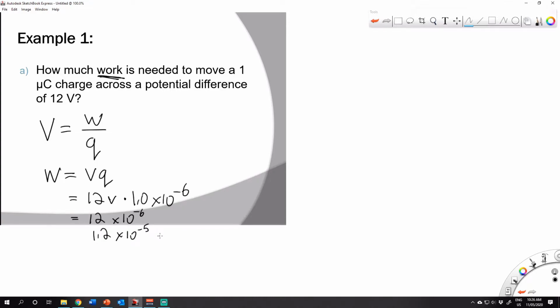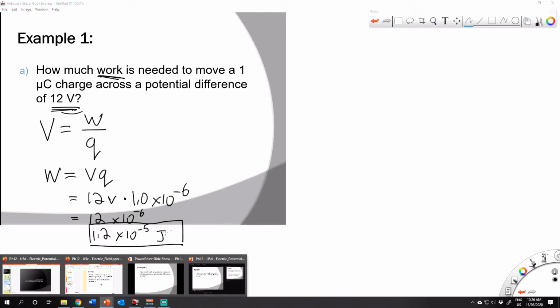This is work, so it will be in joules. So the amount of work needed to move a 1 microcoulomb charge is 1.2 times 10 to the negative 5 joules. Not a lot of work needed to be done, not a lot of energy. So moving microcoulomb charges across these potential differences doesn't require that much work.